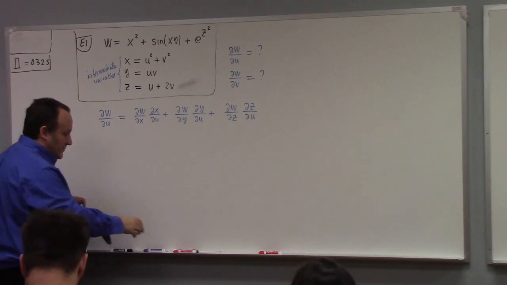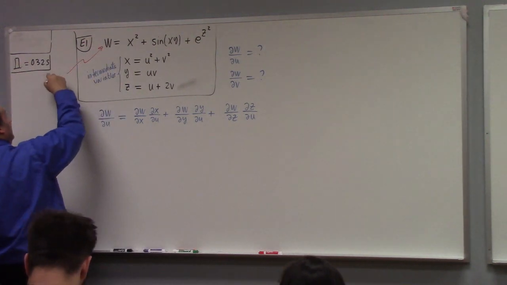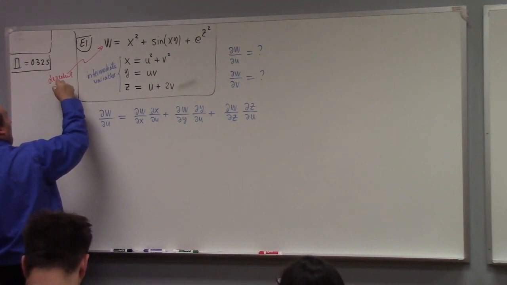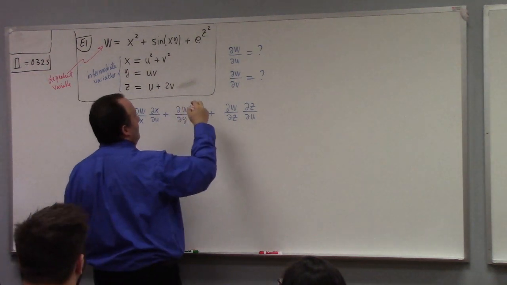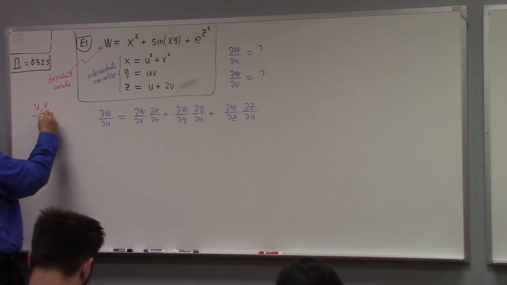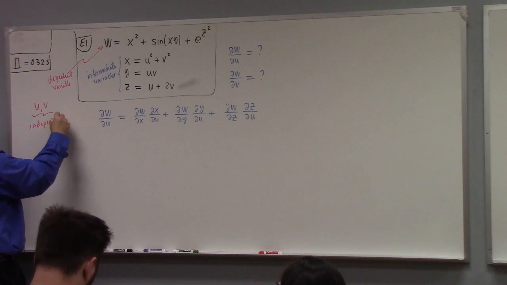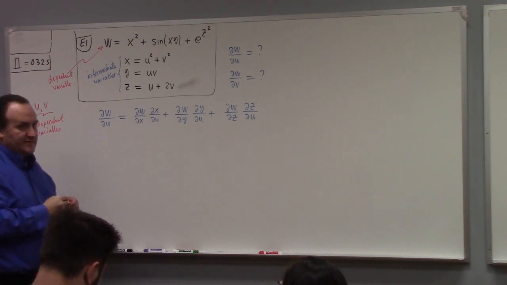And w is the so-called dependent variable. And the u and the v, these guys are the independent variables. That's the language here.